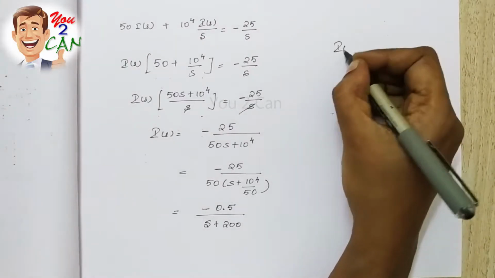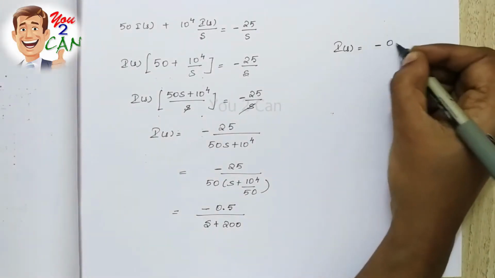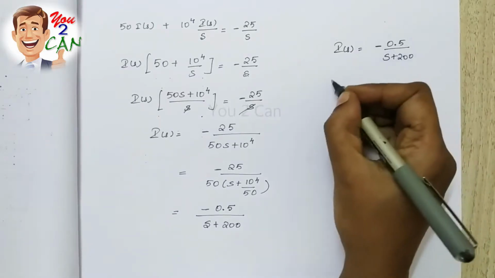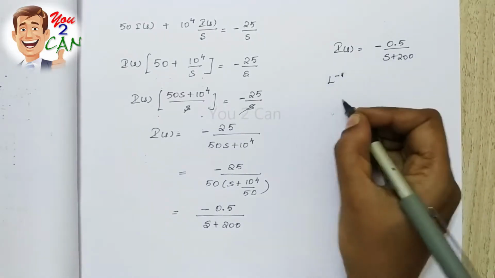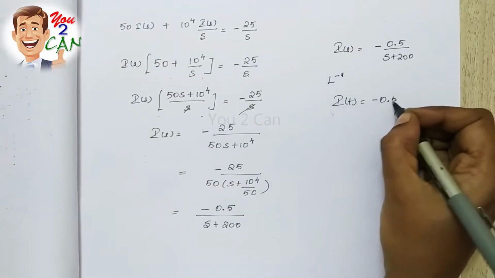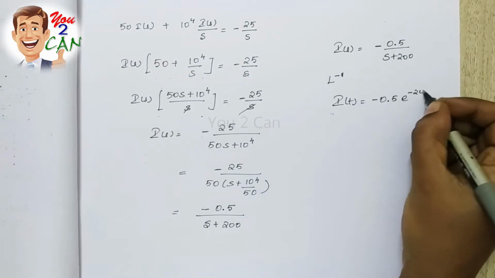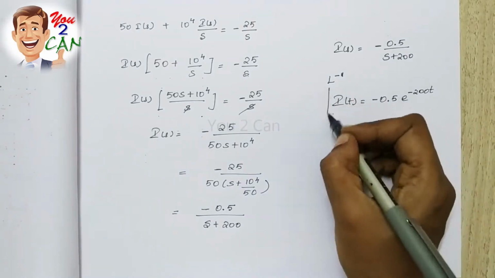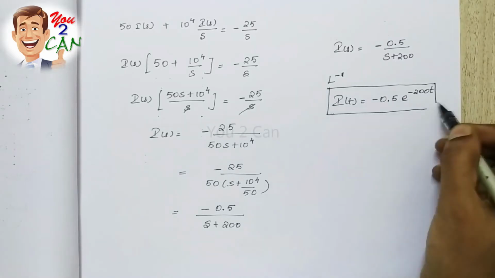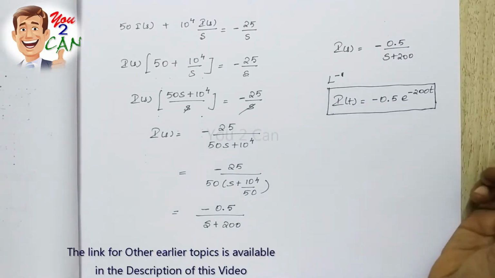So I of s is equal to minus 0.5 by s plus 200, and taking Laplace inverse, I of t will be equal to minus 0.5 e power minus 200t. This is the transient current through the capacitor when it is switched to the second position after a long time.